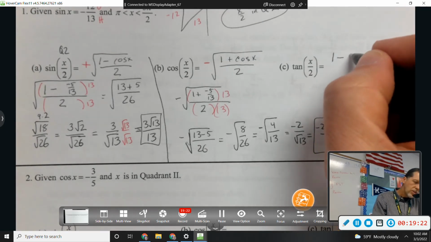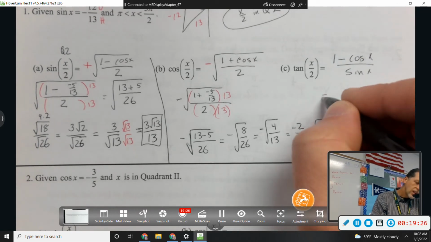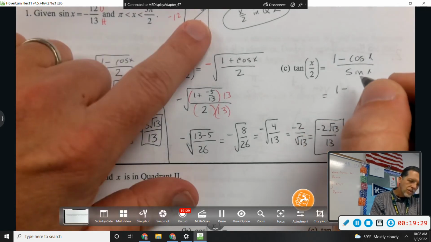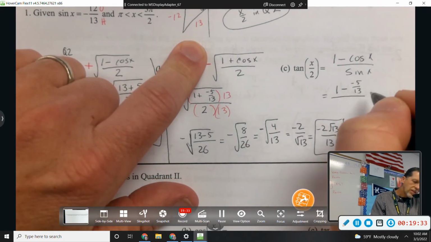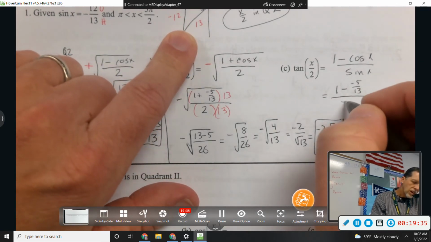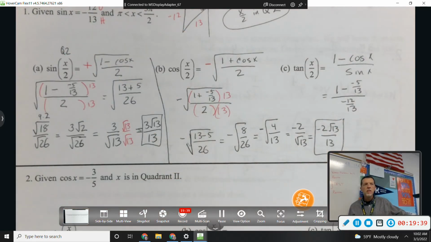Tangent is 1 minus cosine over sine. So 1 minus negative 5/13 over negative 12/13. Algebra all-stars, what would you like to multiply by to get rid of the fractions?